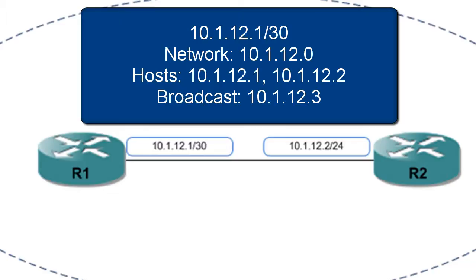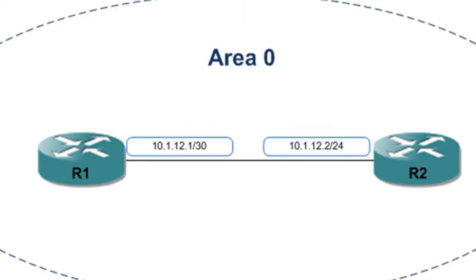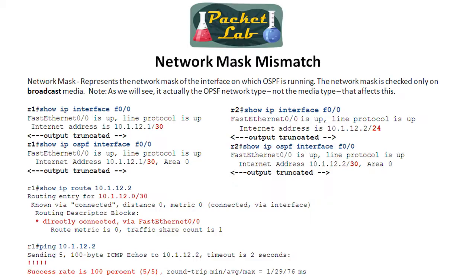This is either review or confusing the hell out of you, depending on how much you know on network mask. But the reason it works is because we'll see this .2 here, so they don't have to match for layer 3 connectivity, but they have to match for OSPF neighbor relationships in some cases, as we'll see in just a second.